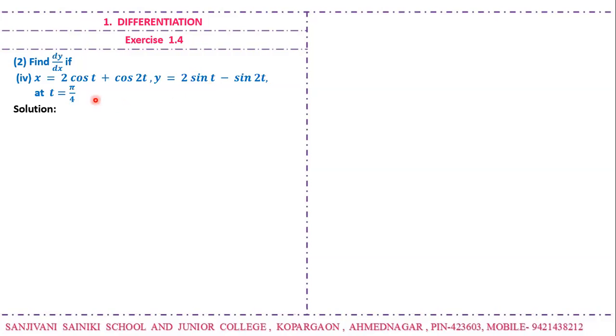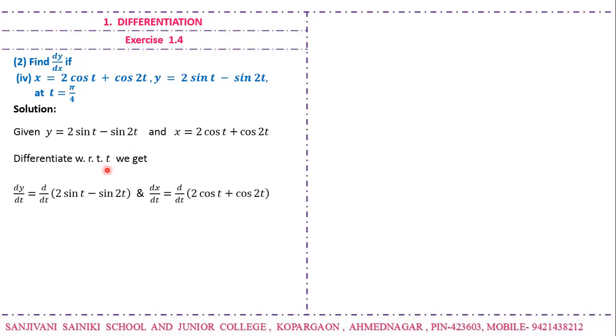Now the fourth example is x is equal to 2 cos t plus cos 2t and y is equal to 2 sin t minus sin 2t, and we have to find the derivative of the function at t is equal to pi by 4. Given that y is equal to 2 sin t minus sin 2t and x is equal to 2 cos t plus cos 2t, x and y are both expressed in terms of t, so x and y are parametric functions of the parameter t.